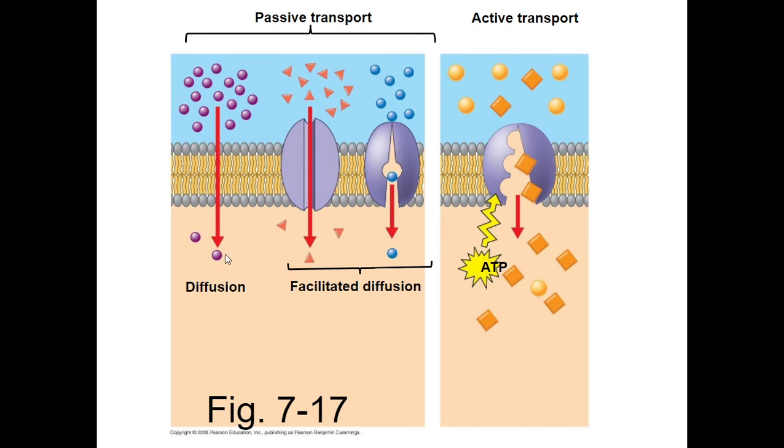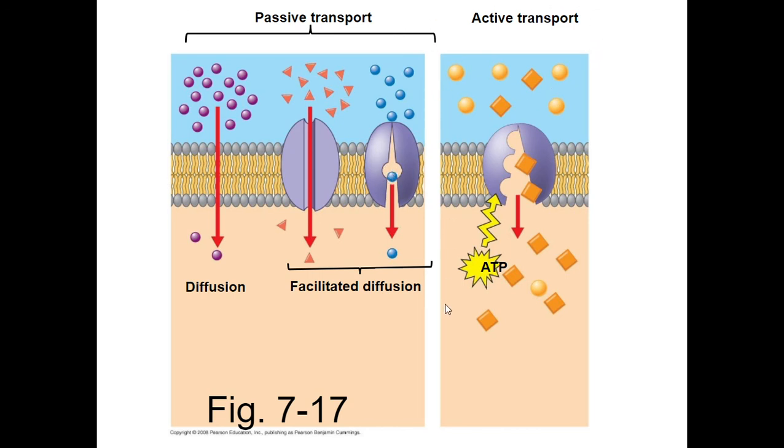It does not require energy, whether you have a carrier or channel protein or not. Either way, our purple balls here are moving down their concentration gradient. Our red triangles are moving down their concentration gradient just through a channel protein. And our blue balls are moving down their concentration gradient just through a carrier protein.